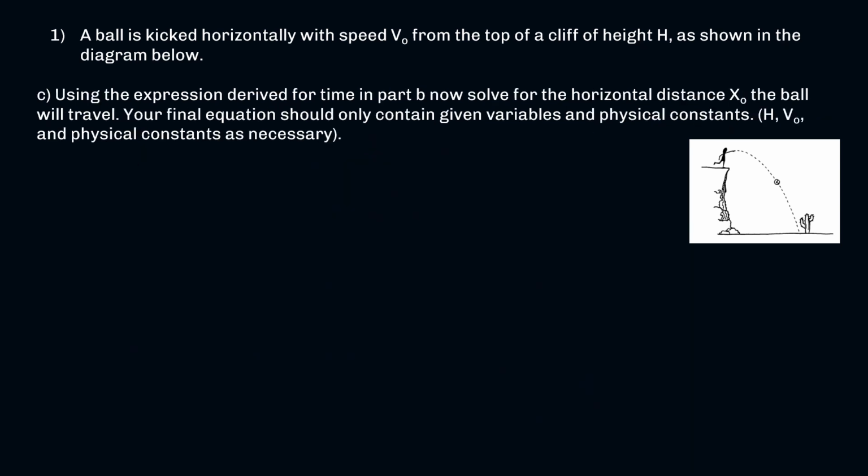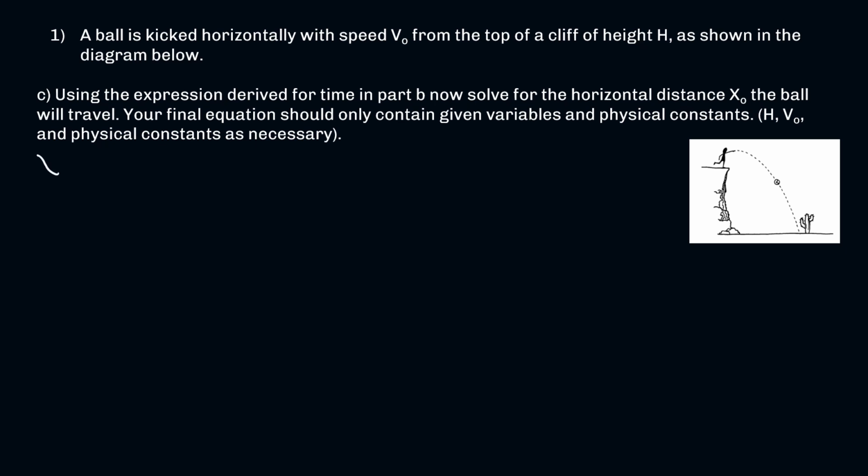Alright, so now in part C, we're going to use the expression derived for time in part B to solve for the horizontal distance x naught the ball will travel. Alright, so again, we're going to contain only given variables and physical constants. So same exact idea as we did in part B. Now working with this derived expression idea instead of plugging in numbers all the time. So again, I'm just going to make my kinematics chart here.